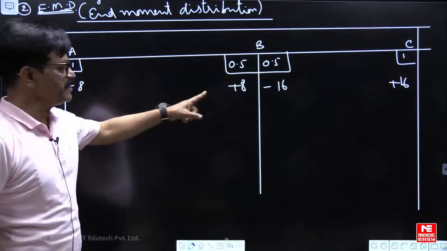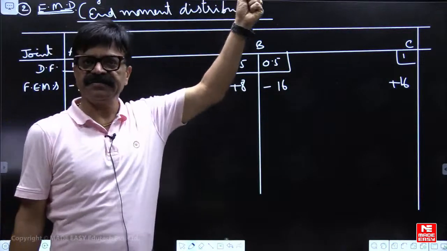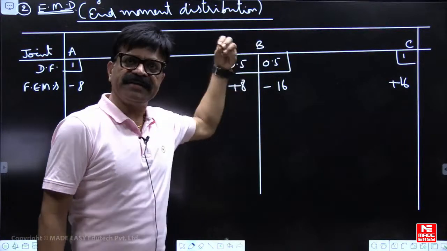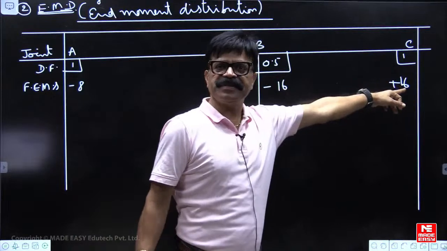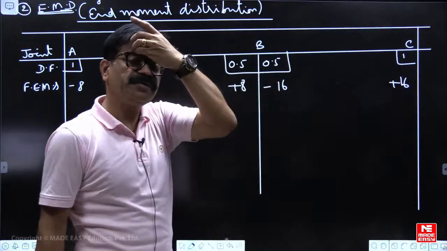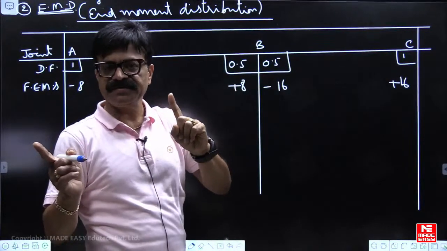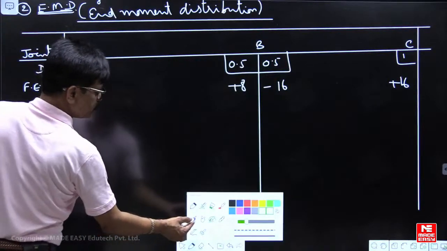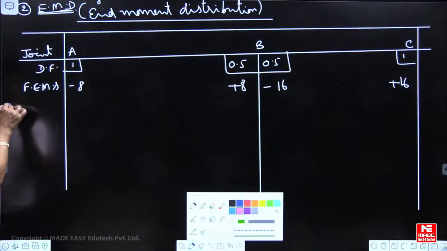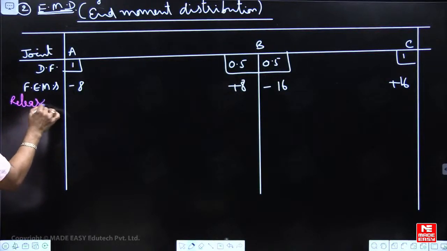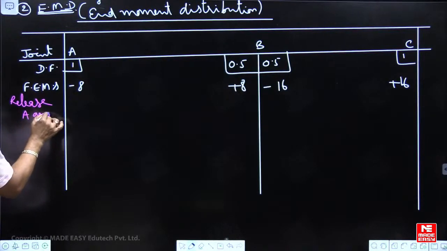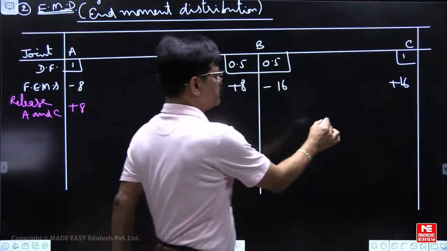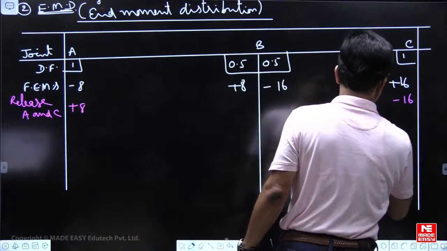What are these moments? If you apply minus 8, theta A becomes 0. If you apply again minus 8, theta B becomes 0. Theta C becomes 0 with that. But we don't want slopes at A and C 0. So release them. Release A and C. Releasing means plus 8, minus 16.